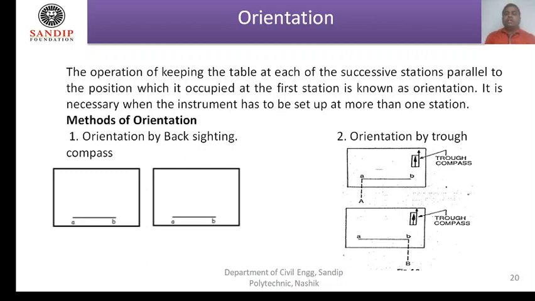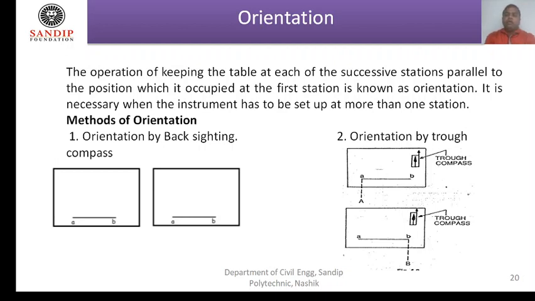The second method of orientation is by using a trough compass. In this method, we keep the trough compass over the table and establish exact north at station A. Whenever we shift this plane table from station A to station B, we again keep our trough compass parallel to the north direction which we have drawn at the first station.